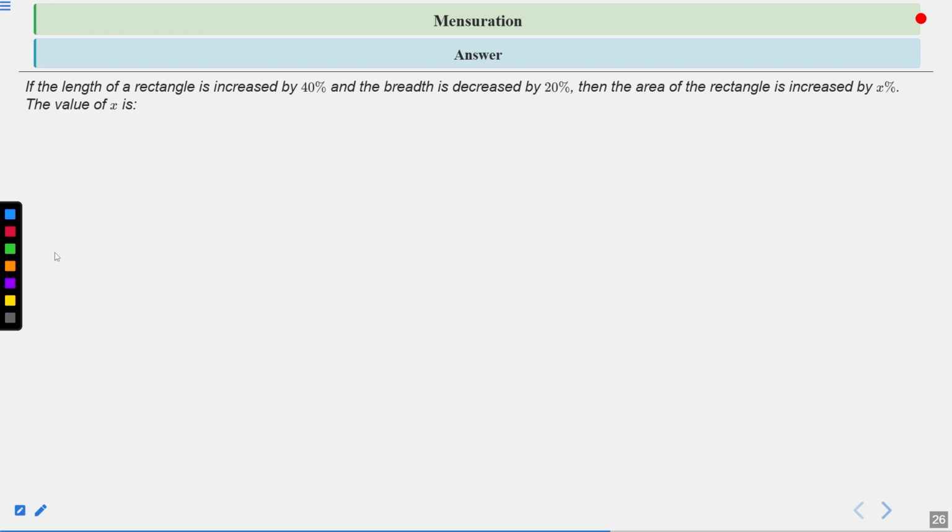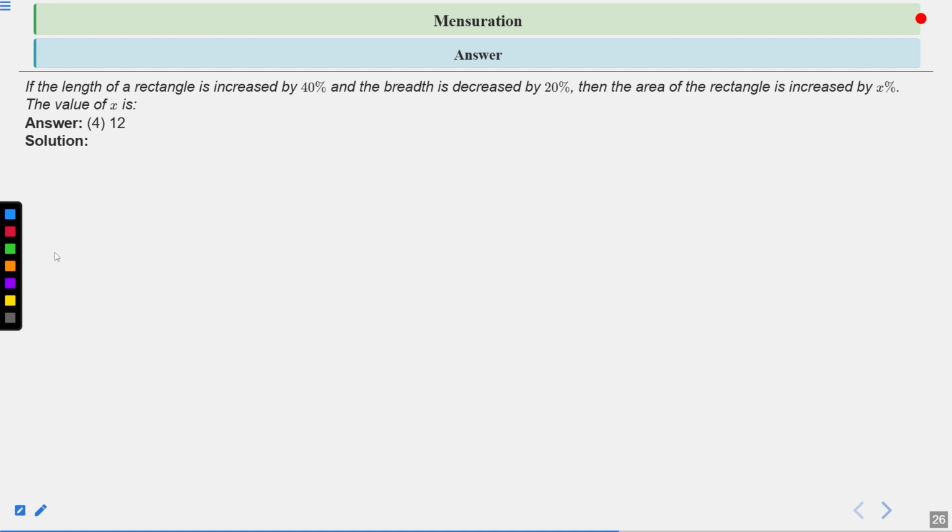And if the breadth is 10 centimeter, it will become less by 2, so it will become 8 centimeter. Now we can calculate it and get the value of x, because we know that the area of the rectangle is L into B. So the correct answer of this question is the fourth one, which is 12%.